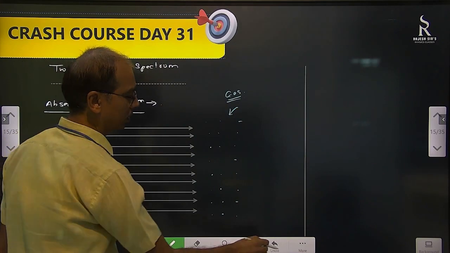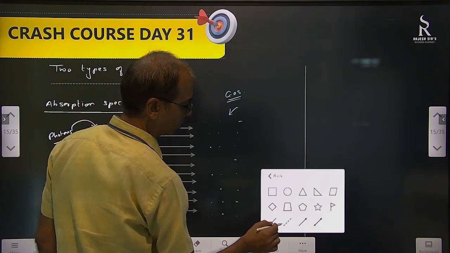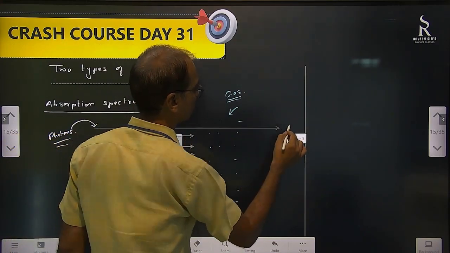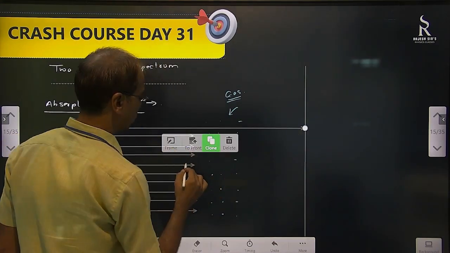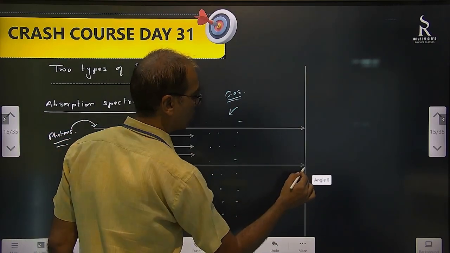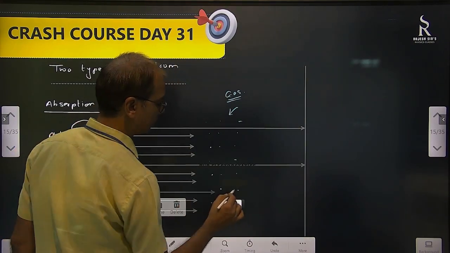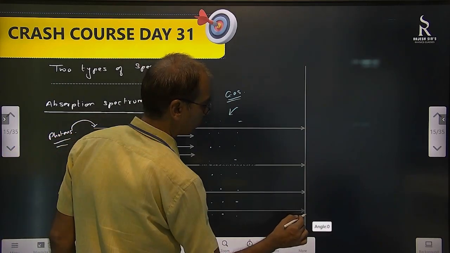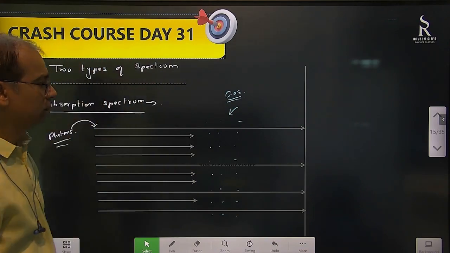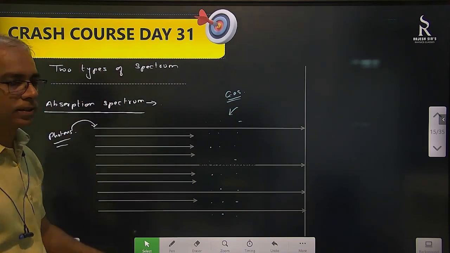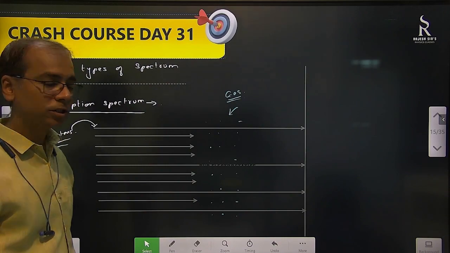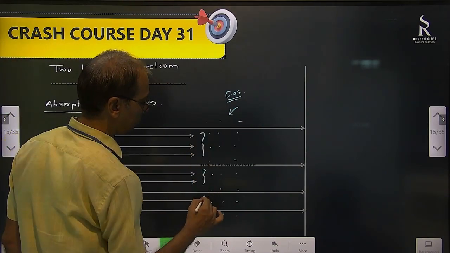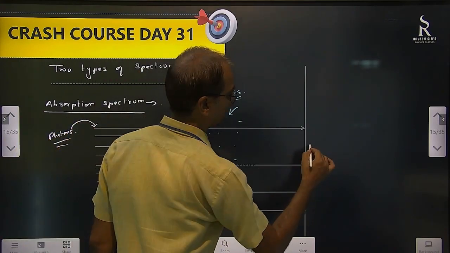Suppose certain ones I am showing you reach, this reaches, this reaches, and finally this one reaches. So 1, 2, 3, 4, 5, 6. This represents the absorption spectrum of the gas because these did not reach.